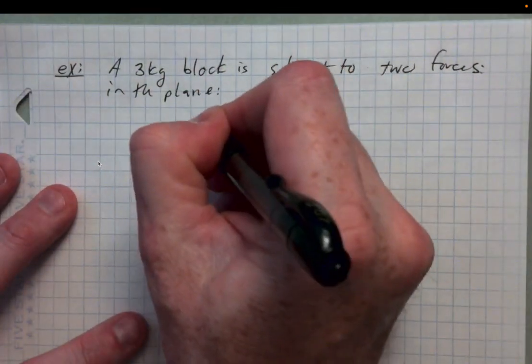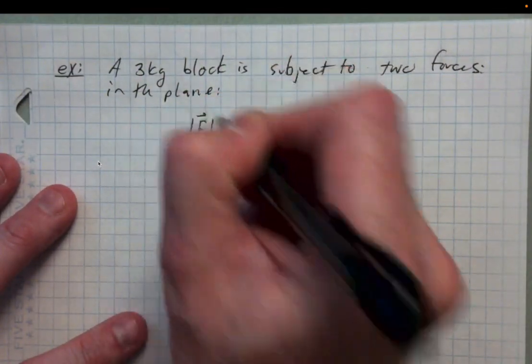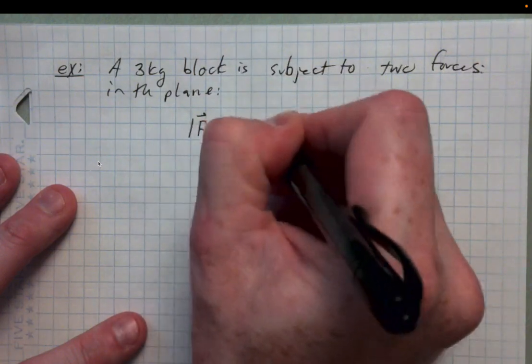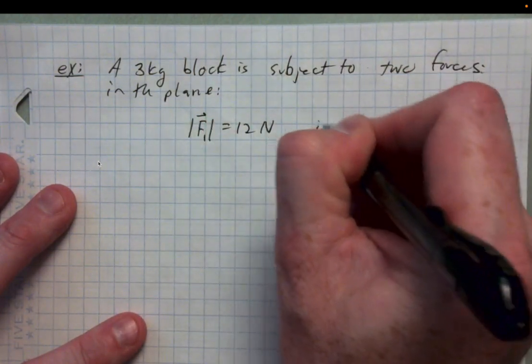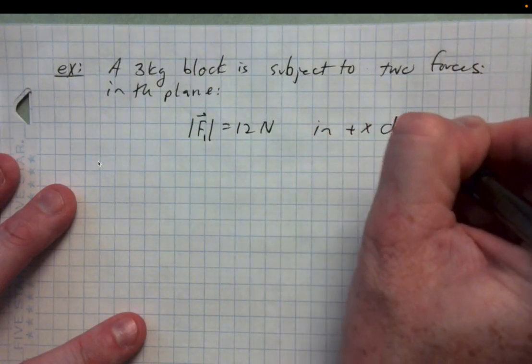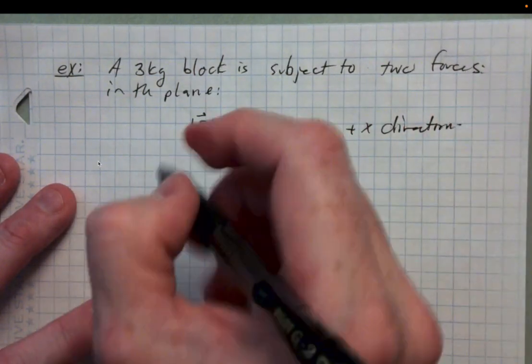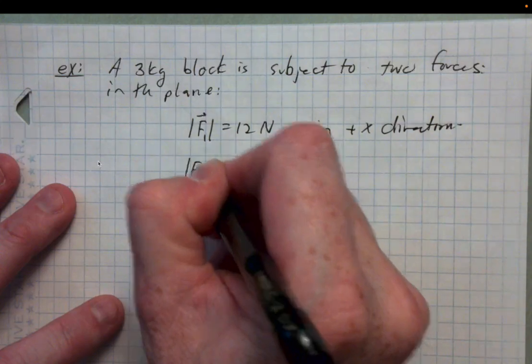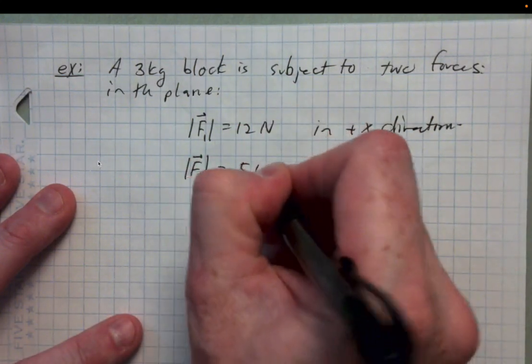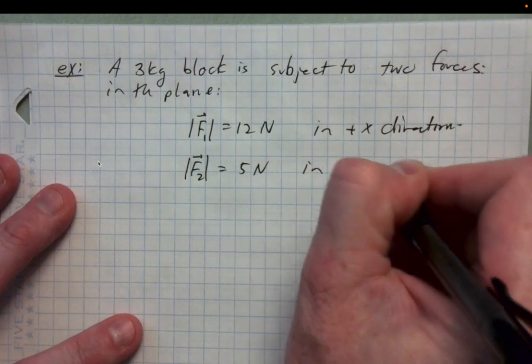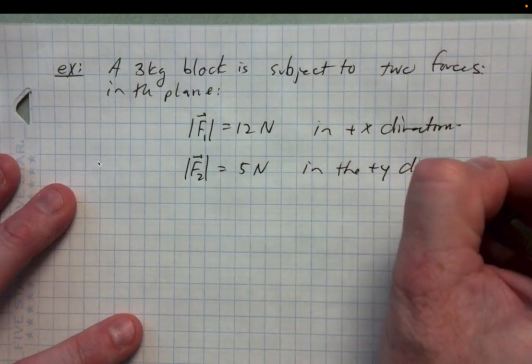The first one, we'll call it F1, has a magnitude of 12 newtons and is in the positive x direction. Okay, and the second one, we'll call it F2, has a magnitude of 5 newtons in the positive y direction.